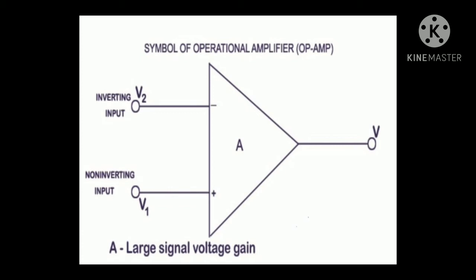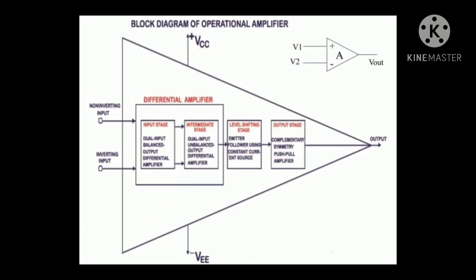One is called inverting input, the other one is called non-inverting input, and we have one output terminal shown by V. Now let us take a look at its block diagram. In the block diagram, we can see it is generally made up of four different stages.